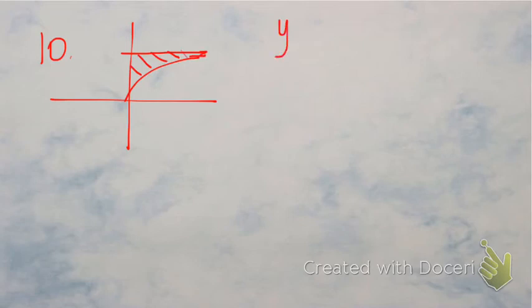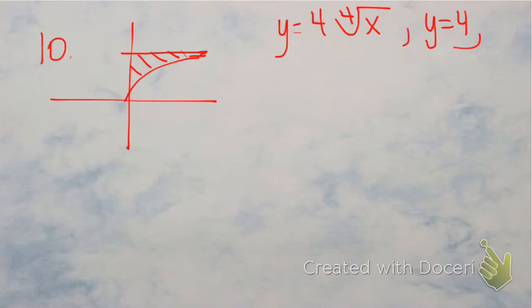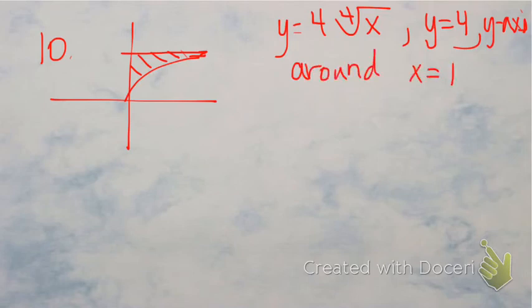Okay, this is y equals 4 times the 4th root of x again, and y equals 4, and the y-axis, and we want to go around x equals 1 again. Okay.